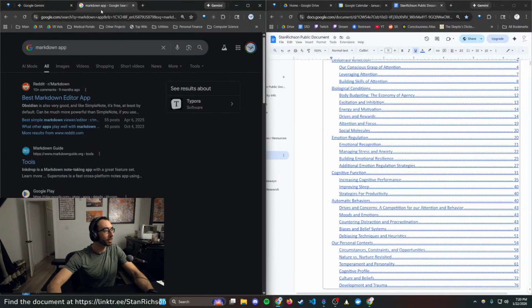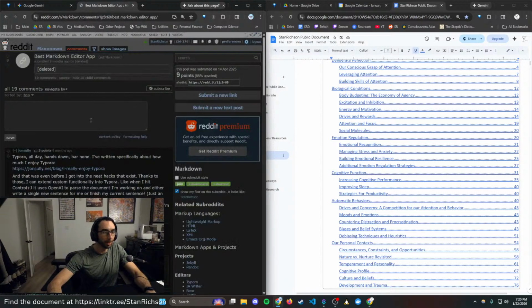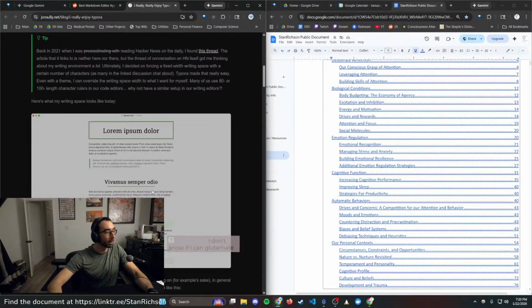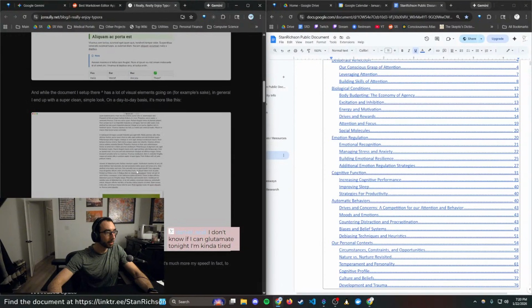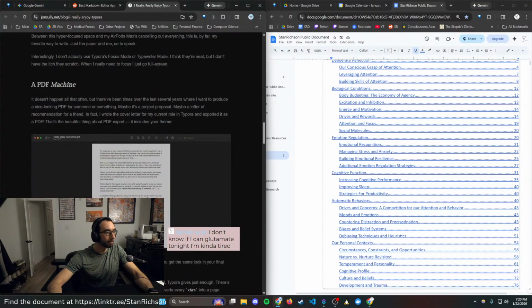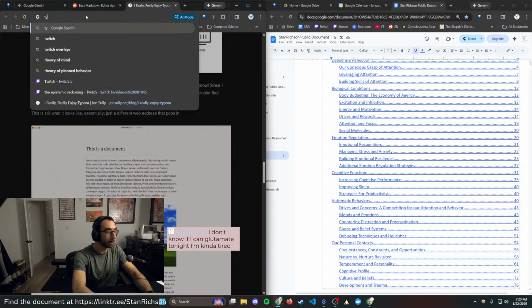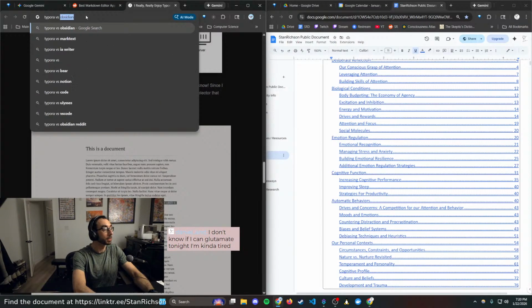Okay, we also have to start this markdown stuff. Best markdown editor app. Typora all day, hands down, bar none. I've written specifically about how much I enjoyed Typora. Is this using Typora? Oh, this is actually pretty nice. Okay, Typora versus Obsidian.